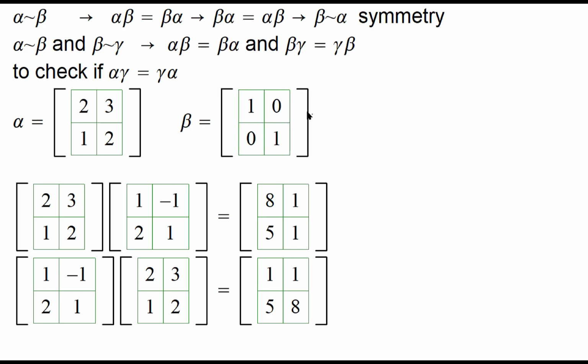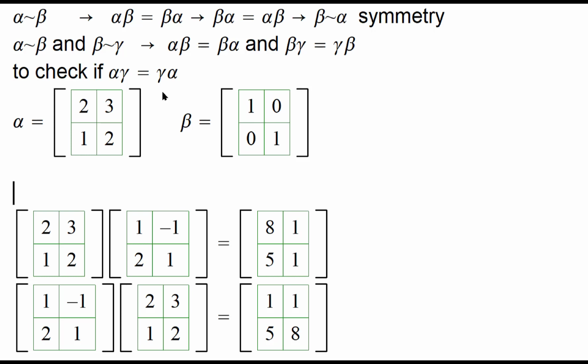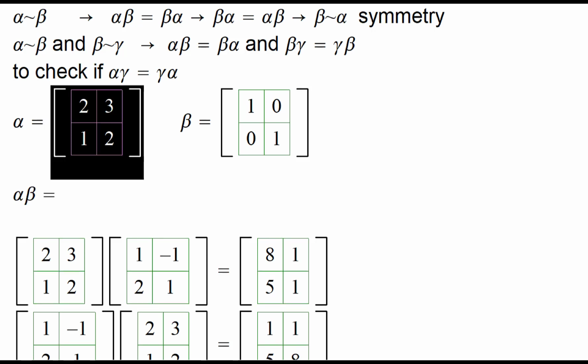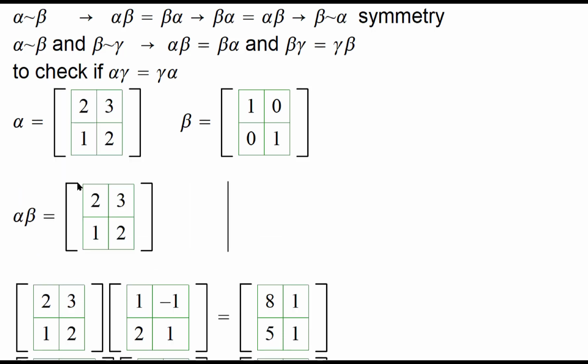And so then you can see that alpha beta, and I know you know that they are commutative, so we have alpha beta equals, just multiply, and I'm confident you will see that alpha beta is this matrix, and even if I interchange the positions, it will stay the same. So beta alpha is the same matrix again.